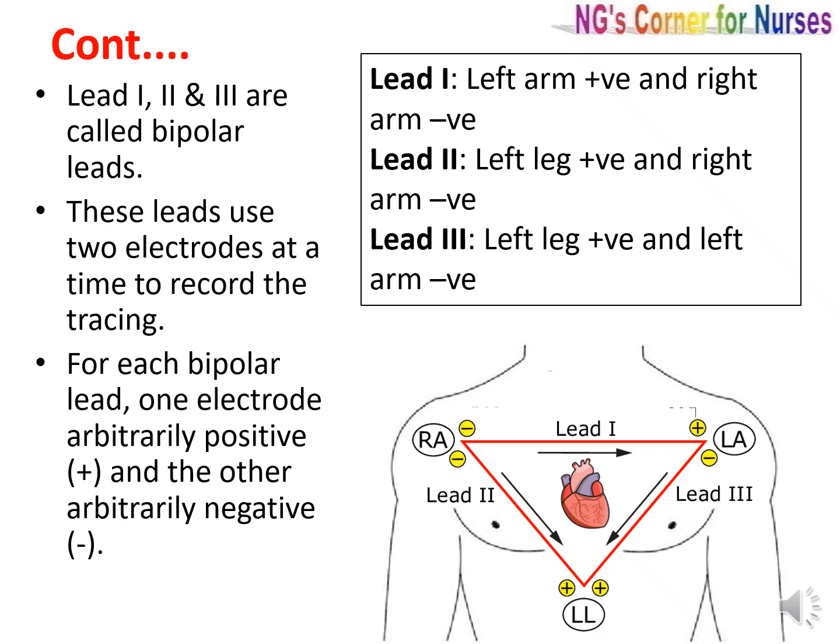Bipolar leads record electrical forces generated from the two electrodes, and by convention the two electrodes used to form each lead are: first, lead 1, where left arm is positive and right arm negative. In lead 2, the left leg is positive and the right arm negative. Please see the picture. And in lead 3, left leg is positive and left arm negative.